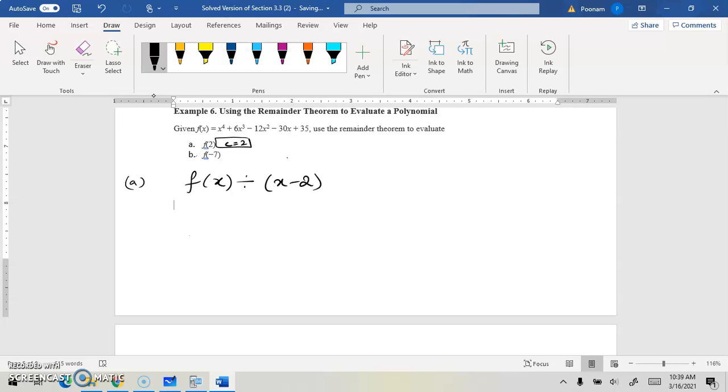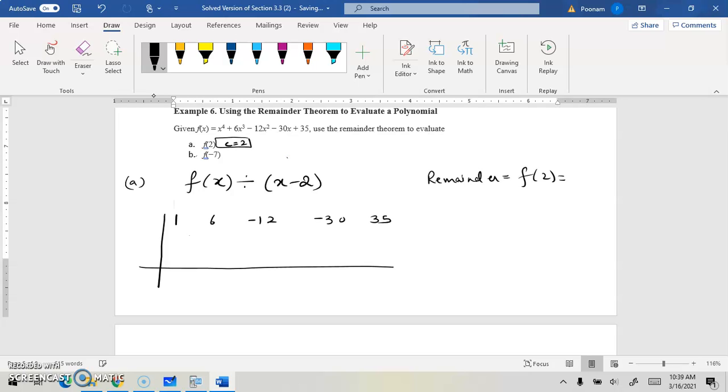If I divide, then the remainder will be the same as f of 2. Let's find it. How do you divide? You write the coefficients of the polynomial f of x. They are in the standard format already, so I don't have to do anything.